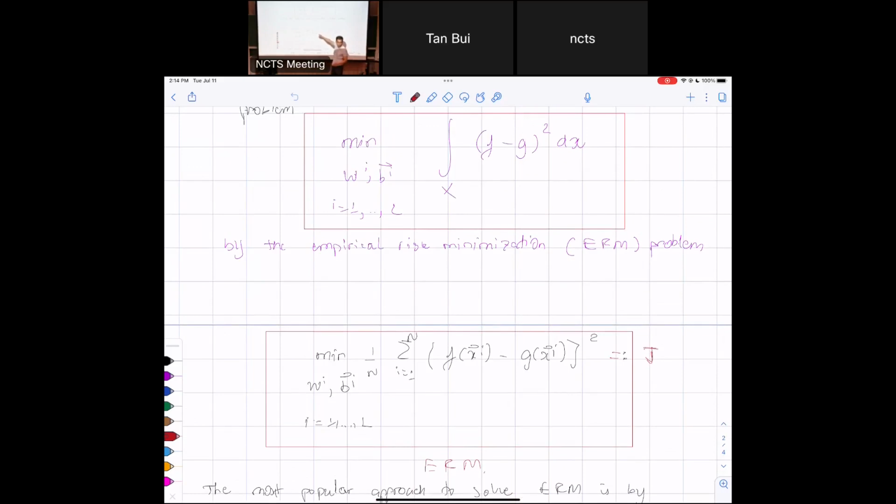Why should my loss function be a sum, not a product, or something else? We should immediately have the question: why do we have a sum here, and why 1 over n here? Is it a good approximation of that? Remember, that is our original goal. Is this good? And why do we do it this way? That's a question that we should ask immediately.